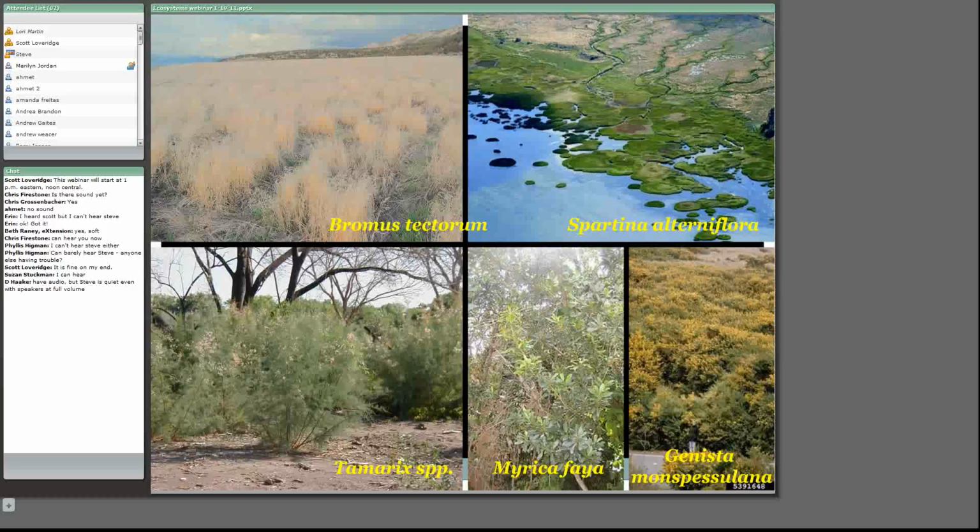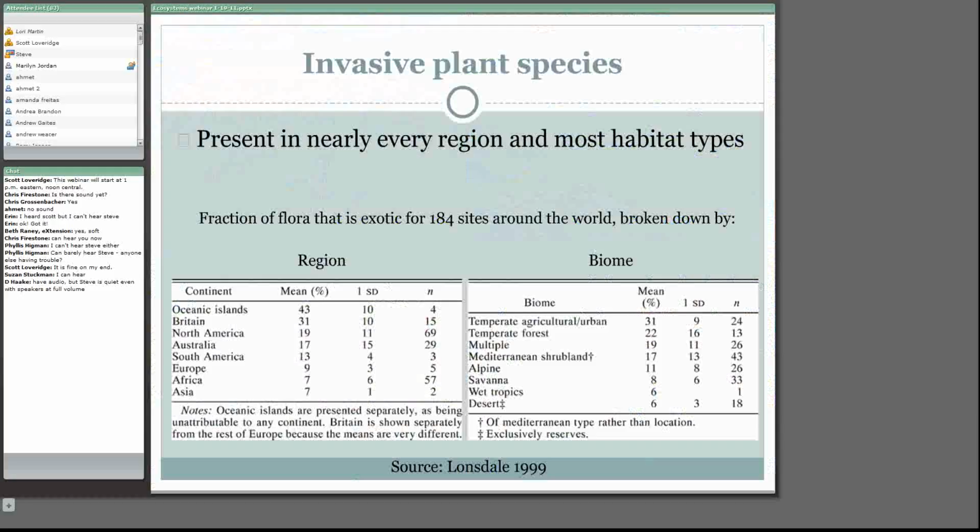In this chart that I'm showing, different regions in fact have invasive plants, which we all know of, or most of us probably are aware of. And then looking at the biome scale, we can see even at these different biome levels we have invasive plants.